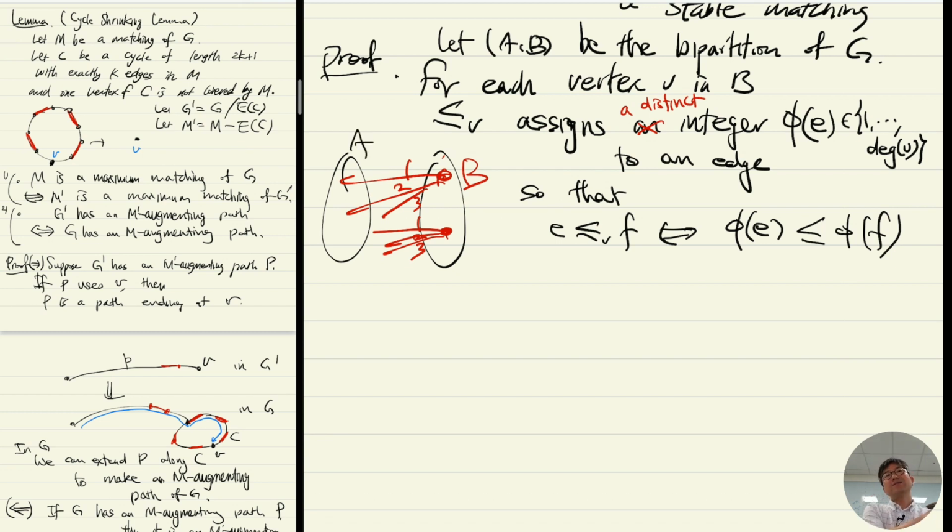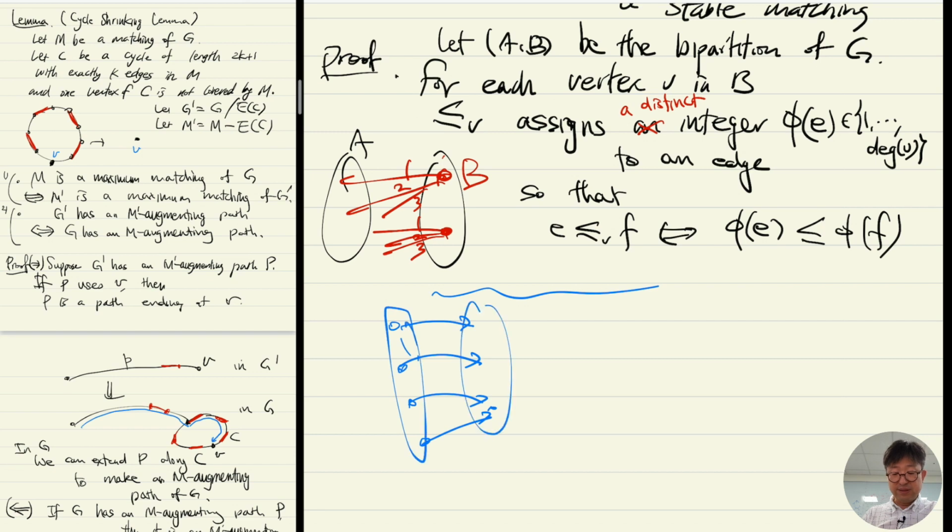So what we're gonna do is as follows. It's kind of an algorithm. Every person in A proposes to their best neighbor, and then people on the B side will either accept it by rejecting the previous one, or just decline this proposal.